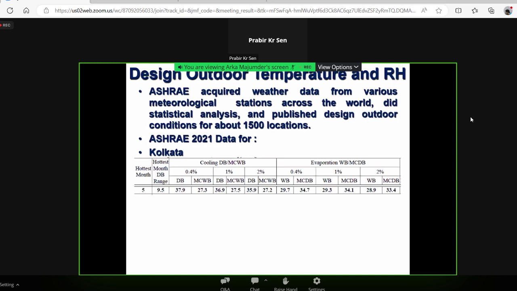That means it is expected that the wet bulb temperature at 36.9 degrees centigrade dry bulb temperature will be around 27.5 degrees centigrade. So my outdoor design condition for Calcutta will be 36.9 degrees centigrade dry bulb temperature and 27.5 degrees centigrade wet bulb temperature.